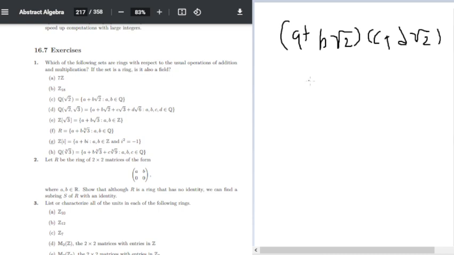We define multiplication through the distributive property: ac plus 2bd plus (ad plus bc) square root of 2. We define it like this.